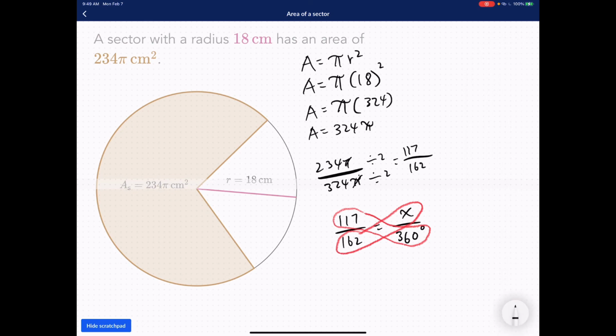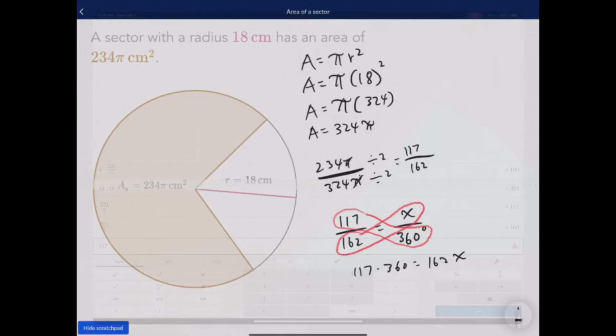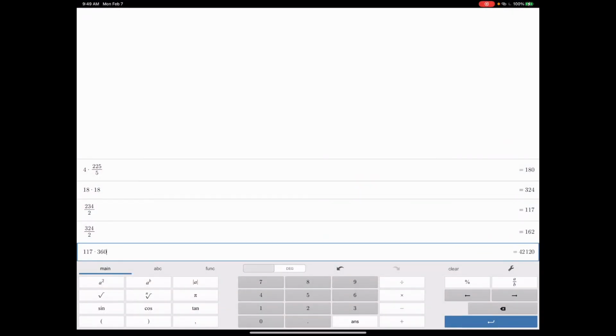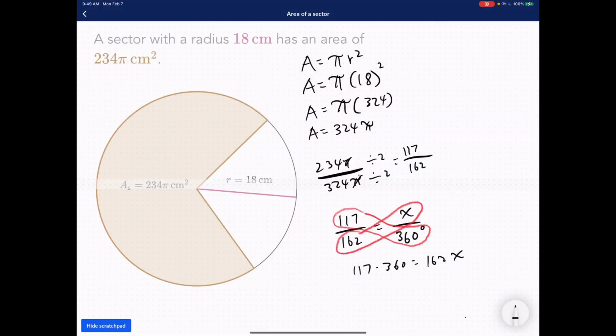So 117 times 360 is equal to 162 times x. So let's do 117 times 360. That's 42,120. 42,120 is equal to 162x.